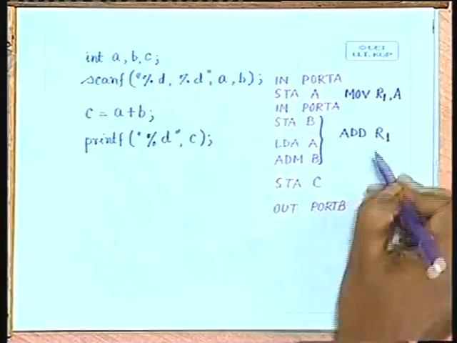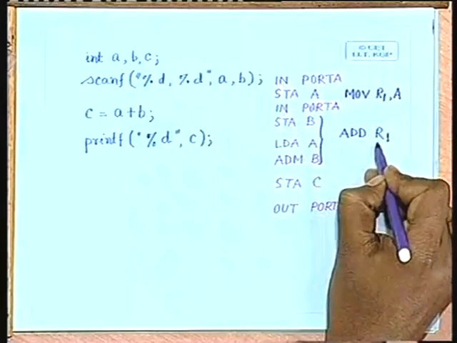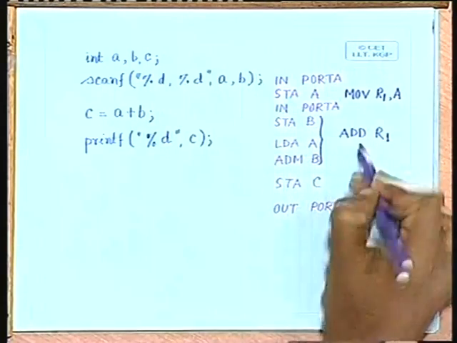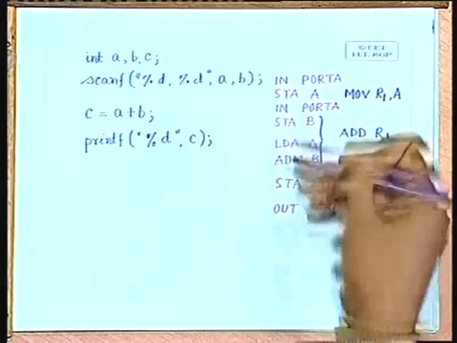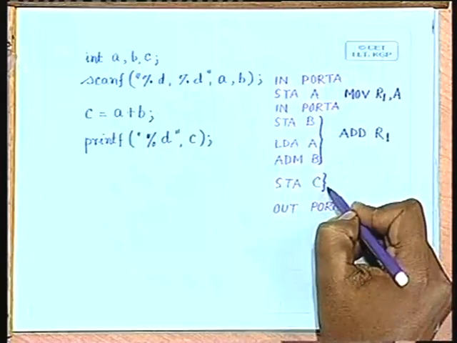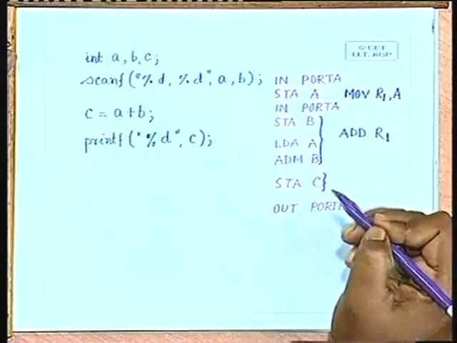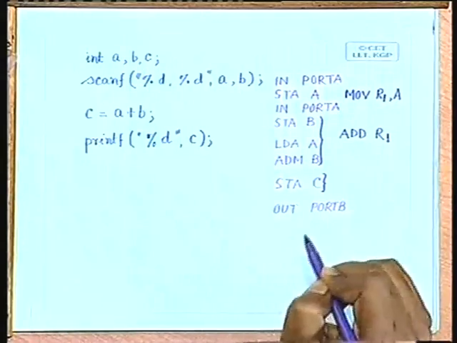And here again, after performing this addition operation, you find that the sum is already available in the accumulator. So, this STAC, which of course in the previous case also was not necessary, here also it is not necessary until and unless we want to use the value of C for some other purpose.